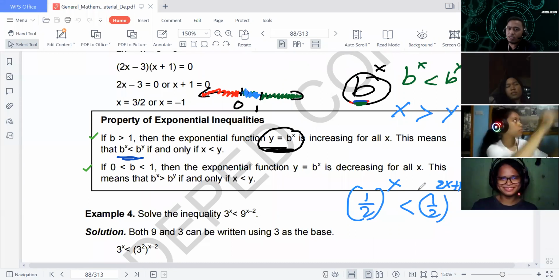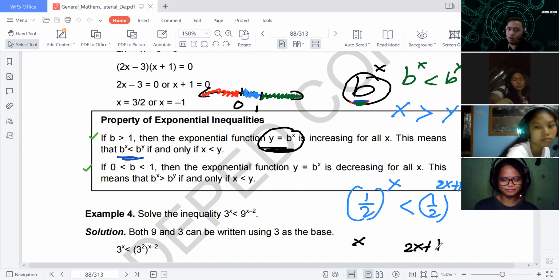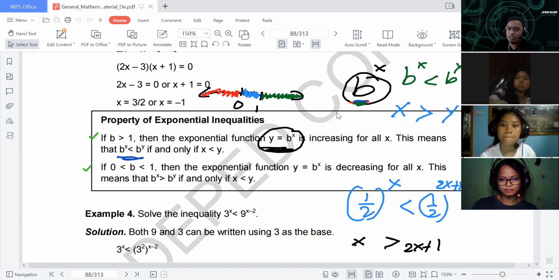So in that case, you can get the x and the 2x plus 1, but you change this inequality to its opposite direction. You understand, you make it opposite. Is that clear?